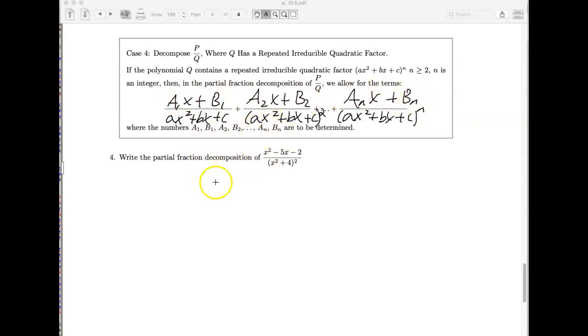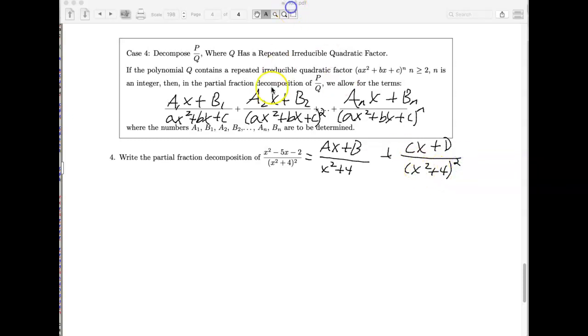So we have the problem x squared minus 5x minus 2 all divided by x squared plus 4 squared. And I'm going to set up my partial fraction decomposition as ax plus b over x squared plus 4 plus cx plus d divided by x squared plus 4 to the second.